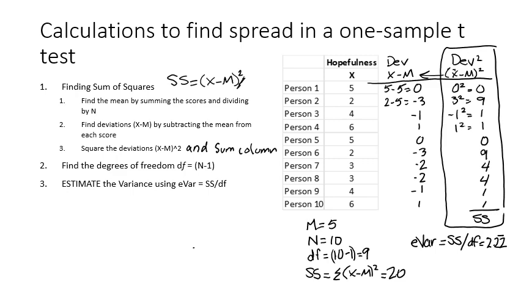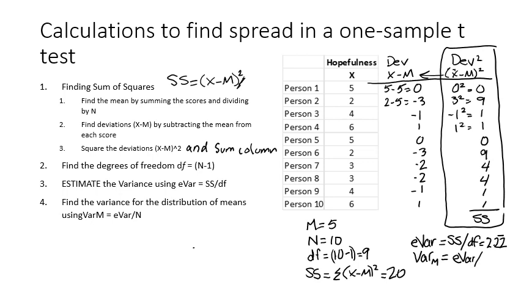So our next step is to find the variance for the distribution of means. We do this exactly the same as we did before. This is no change. Variance for the distribution of means is just EVAR divided by n. We used to do VAR divided by n. Now, because we've estimated the variance, we just do EVAR divided by n, and we find that we get 0.22.